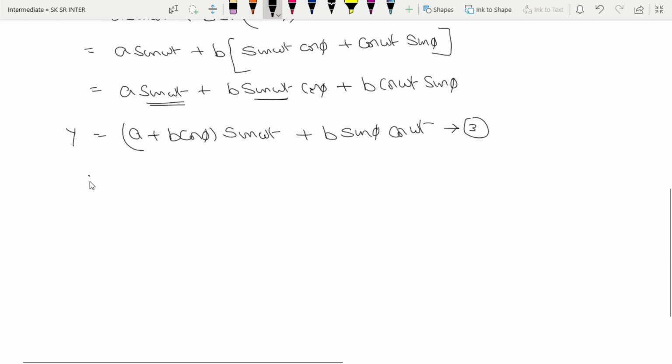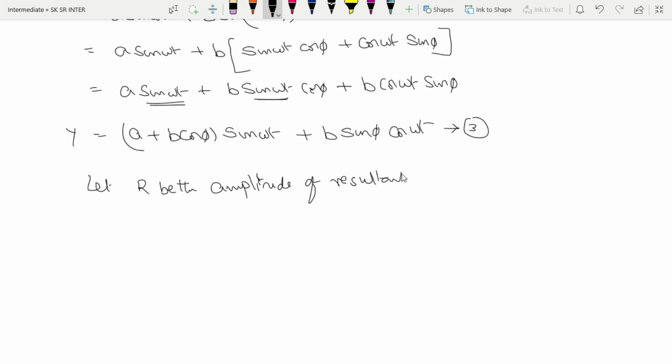Now let R be the amplitude of the resultant wave, meaning the combination of a and b.